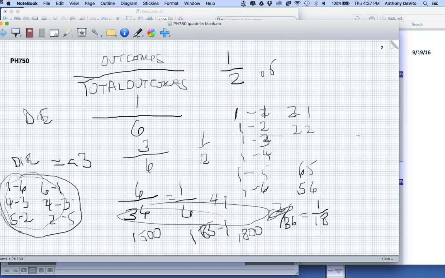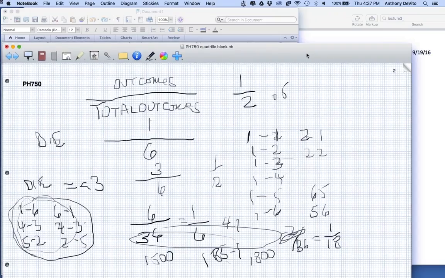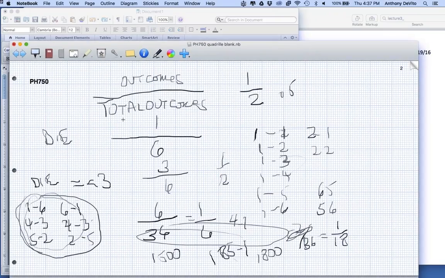What we're looking at is how many outcomes satisfy what we're interested in and how many possible outcomes we have. Okay, so let's move on to the idea of how we can represent all of these different outcomes in terms of populations.